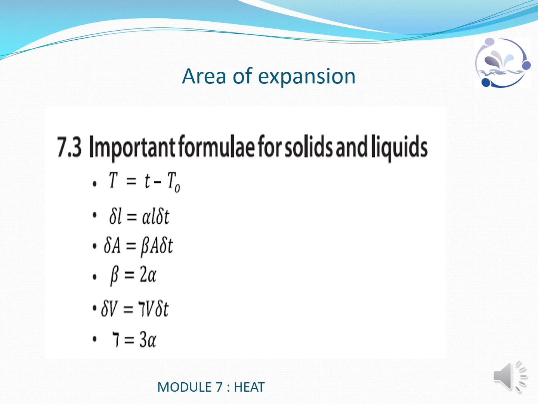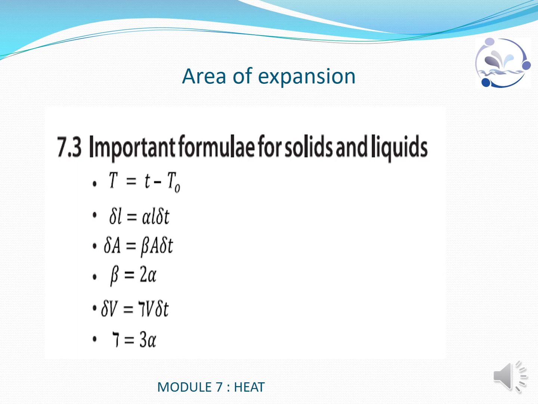Then when we come to area, changing area is the same as superficial expansion or area expansion multiplied by original area multiplied by changing temperature, where our area expansion or superficial expansion is the same as 2 multiplied by coefficient of linear expansion.